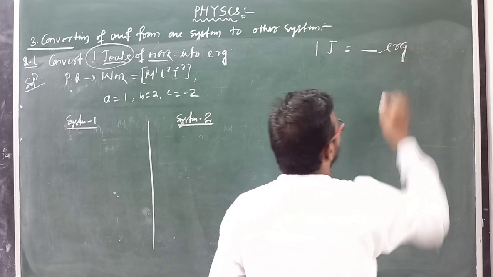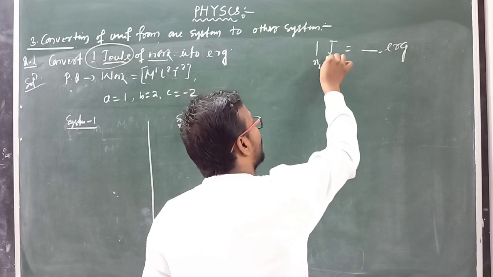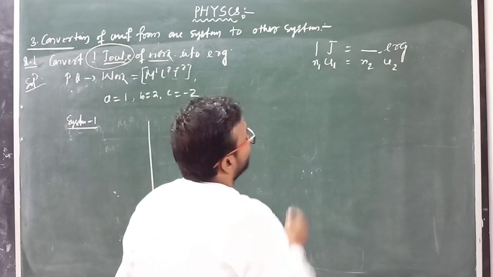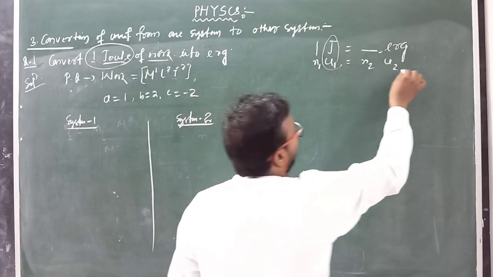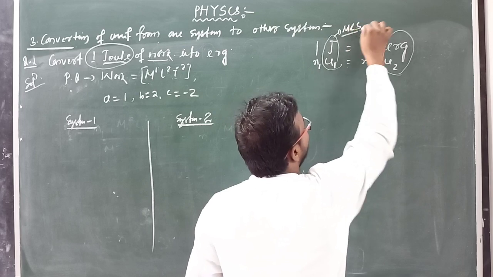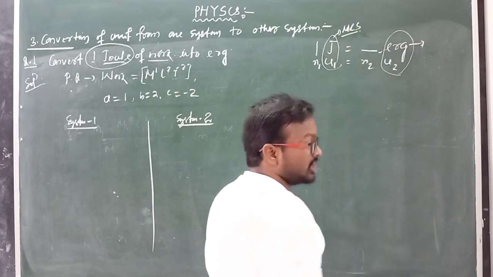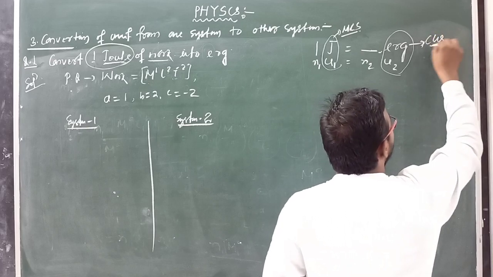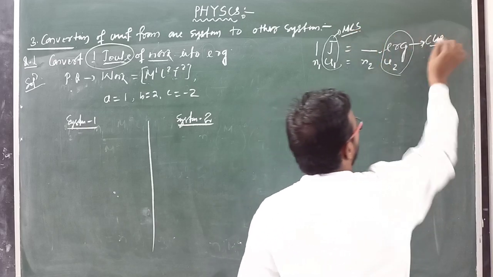This is our question. And here n1 u1 equals n2 u2. But here u1 is joule and u2 is erg. Joule is in the MKS or SI system, but we already know the CGS unit of work which is erg. So this is the CGS system. This is system number 1, this is system number 2.